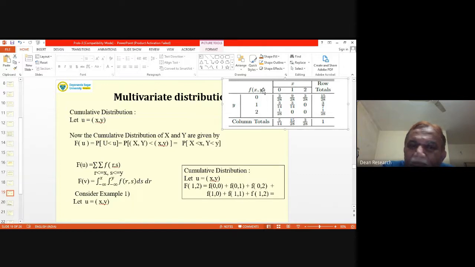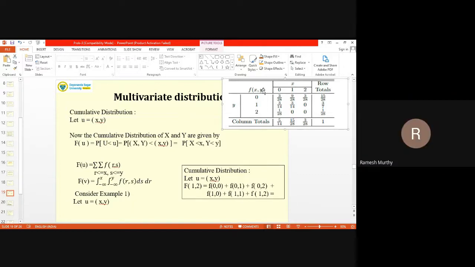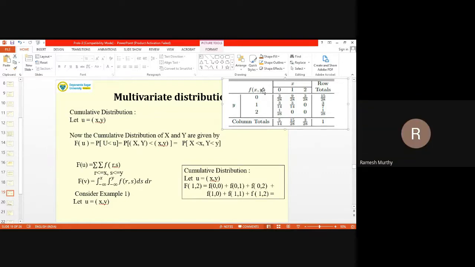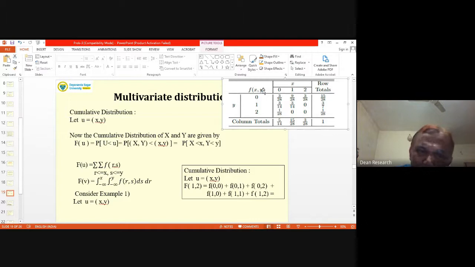It is just u. It is a pair. Pairs are also called vectors, right? It's a vector which has two components, namely x and y.